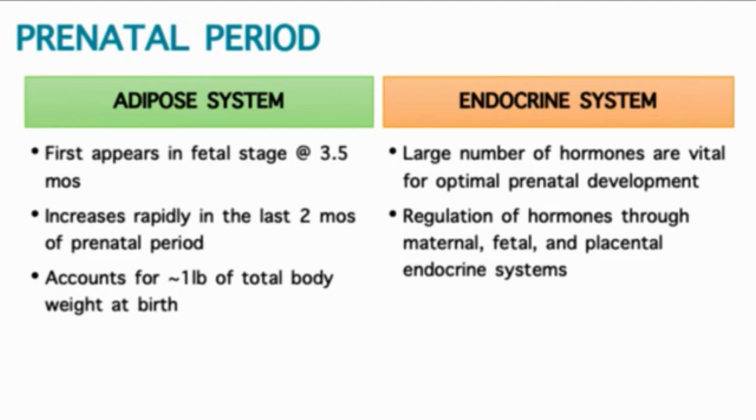So hormone regulation is super, super important. The book really doesn't go into a lot of detail on the prenatal endocrine system just because it's really, really complex. But just know for this stage that hormones that pass from mother to baby are really important for prenatal development. I think that's the key point we want from this slide.